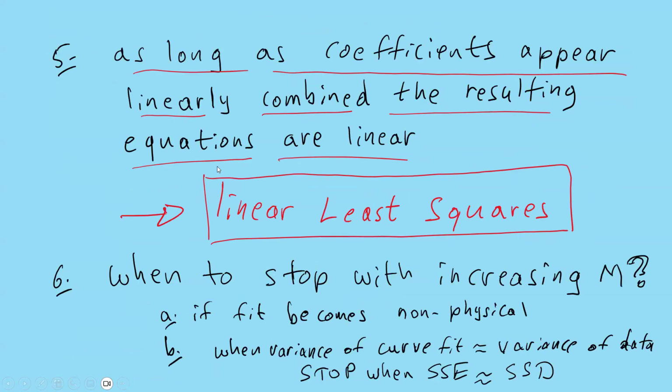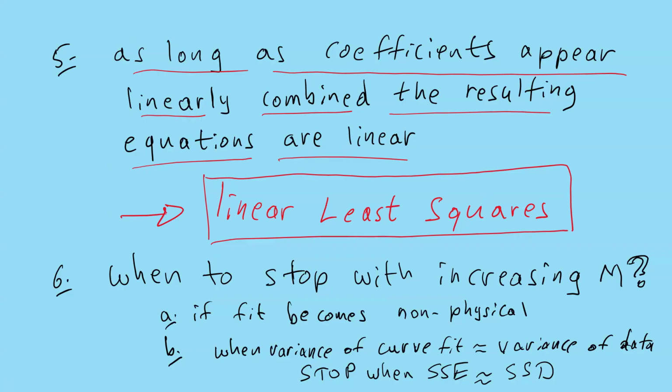Also, as long as the coefficients appear linearly combined, the resulting equations are linear. For example, in the polynomial function, all of the coefficients a0, a1, a2 to am combine linearly together. For this reason, we have a linear least square.